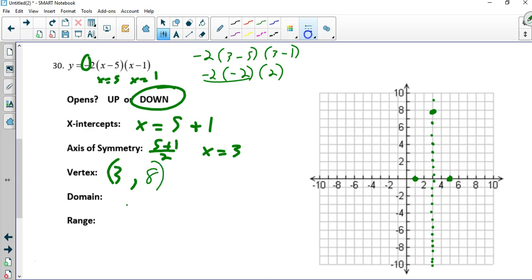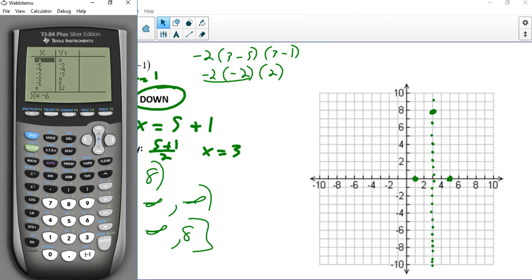The domain, again, is negative infinity to positive infinity. And the range is, how low does it go? Negative infinity. How high does it go? 8, with a bracket. And again, if you want to check on your calculator, you could FOIL that out and distribute negative 2.